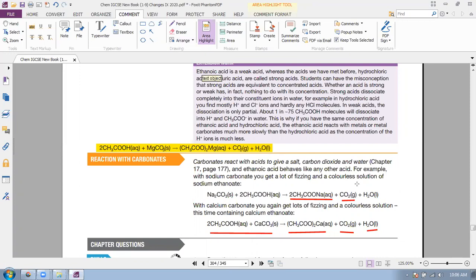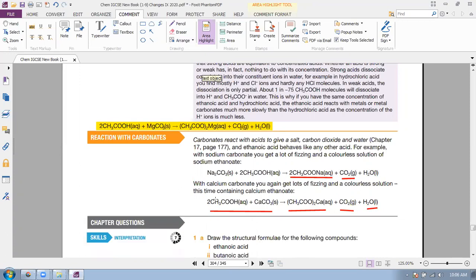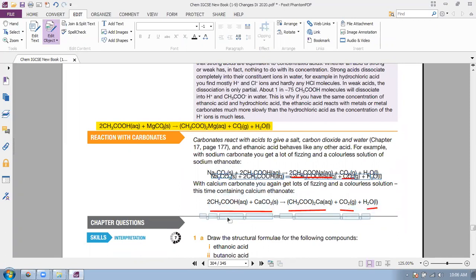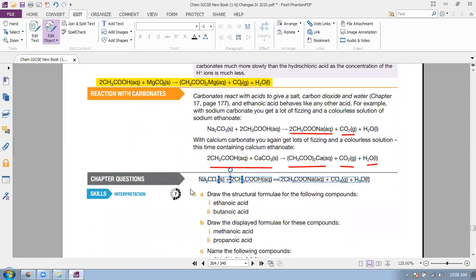Similarly, as sodium carbonate is reacting, we can even change it to potassium carbonate. You want to see? Instead of sodium, I want to change it to potassium.